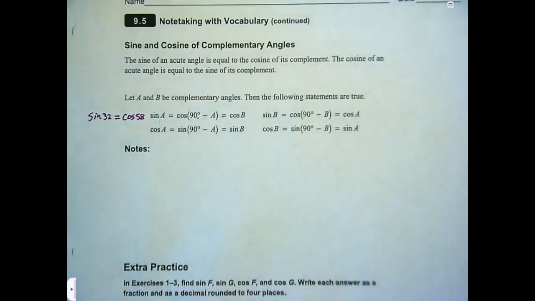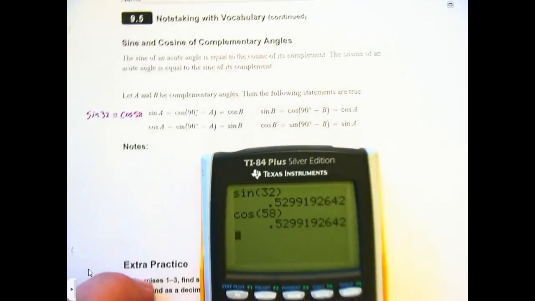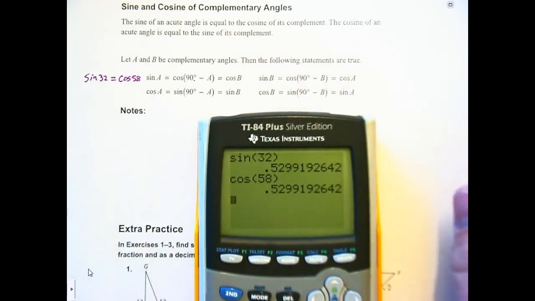I want you guys to calculate the sine of 32 and the cosine of 58. Make sure that your calculators are in the correct mode. Notice sine of 32 and cosine of 58, same value. So how is that helpful?